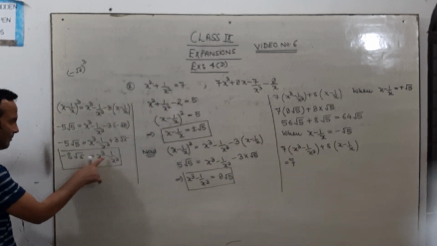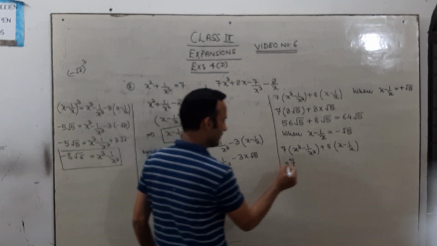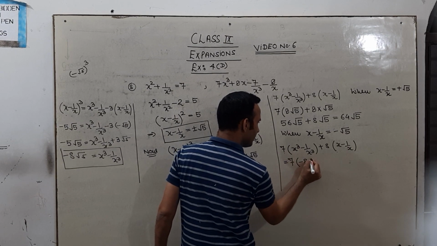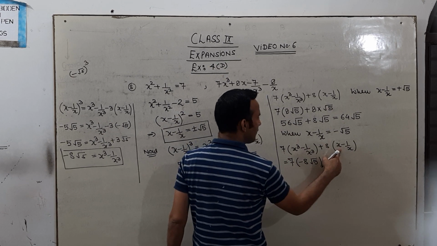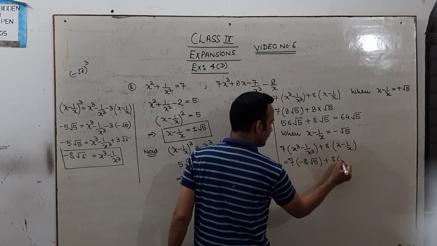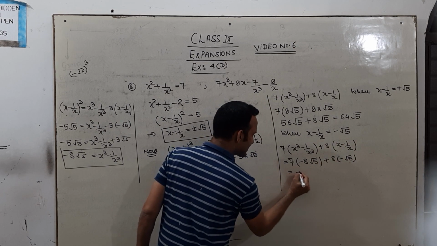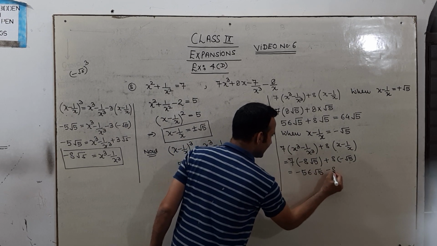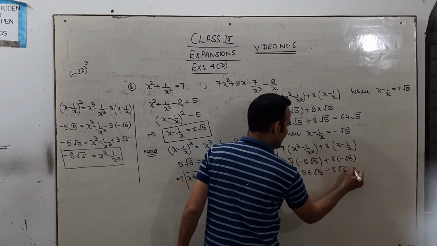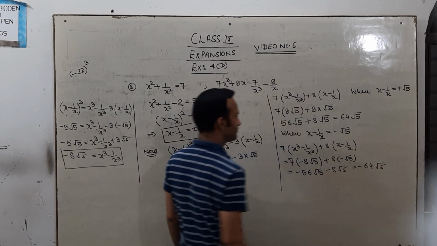What is the value of x cube minus 1 upon x cube? Is negative 8 times of root 5, plus 8 times of the value of x minus 1 upon x, which is negative root 5. 7 8 is 56, negative 56 times of root 5, and this is negative 8 times of root 5, which is equal to negative 64 times of root 5.